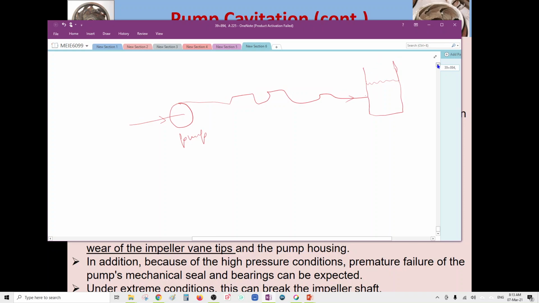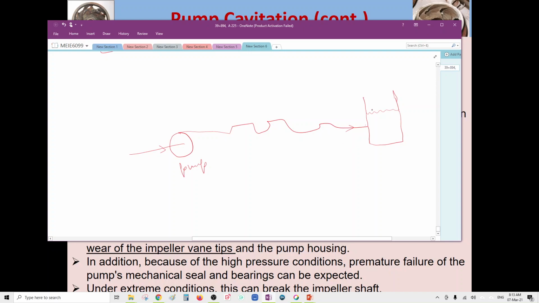Over time, the tank water level will rise and go to a certain extent. When it does, the exit pressure will increase. The pressure here will increase, and the pressure at the exit of the pump will also increase. That means the pump has to work more and more against this rise in the water level in the tank.